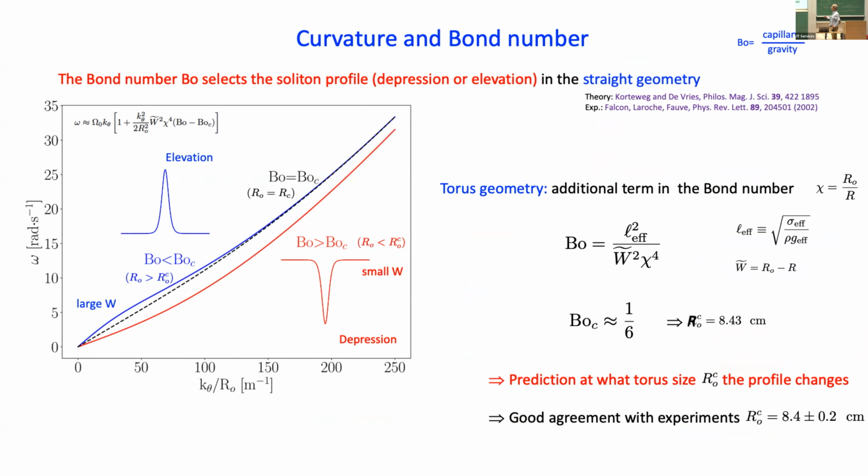W tilde is just half of the width. So you can change the width just by pouring more or less water, or you can change also the total radius of the system. For large bond numbers, with a lot of capillary effect, you need to have this for the radius, and for a small bond number, you have to have a large system. Thank you.